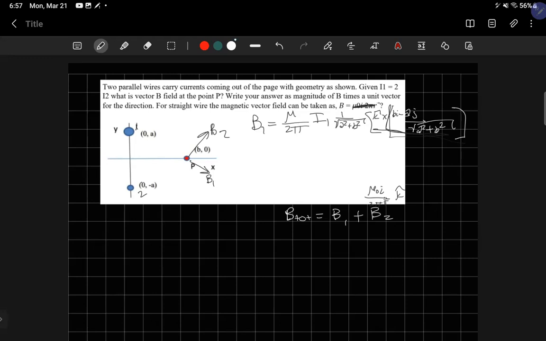And you do the exact same process for your B2. Mu naught over 2 pi, that's going to stay the same. I2, right? Yeah, I2.